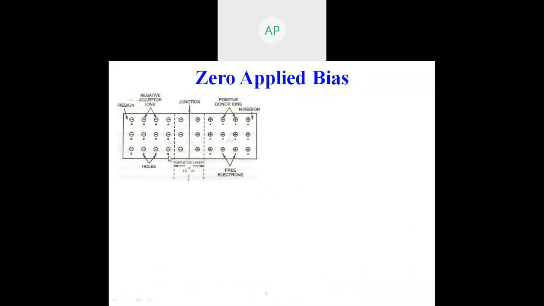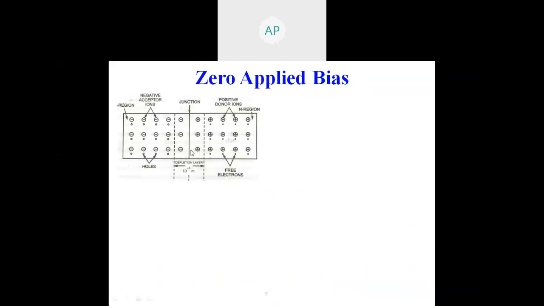As there is a combination, recombination takes place and ions are left behind. On the P side the negative ions will be developed, and on the N side the positive ions. Since the N side emits electrons that combine with the holes, it behaves as a donor, and the P side accepts the electrons, so it is an acceptor and creates negative ions.